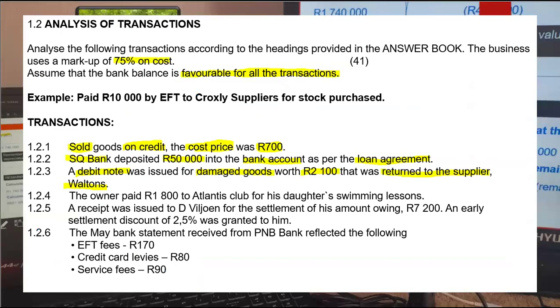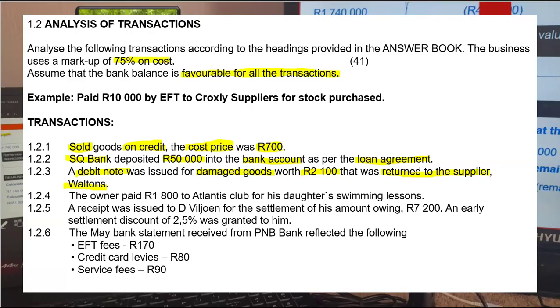Now, the owner paid 1,800 to Atlantis Club for his daughter's swimming lessons. Okay, that was going to affect bank. Obviously, bank is affected either way. If the owner was paying for something that was going to be used within the business, we would credit bank and debit whatever can be an expense or asset.